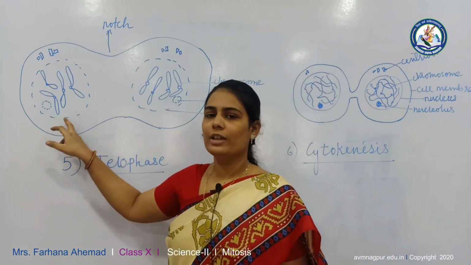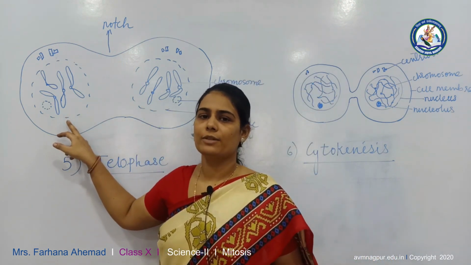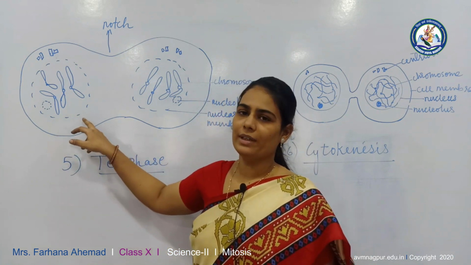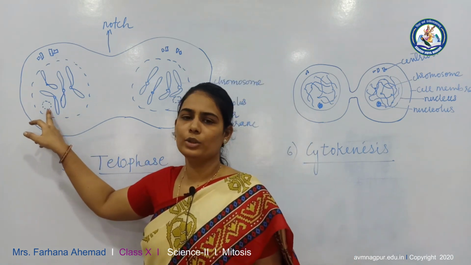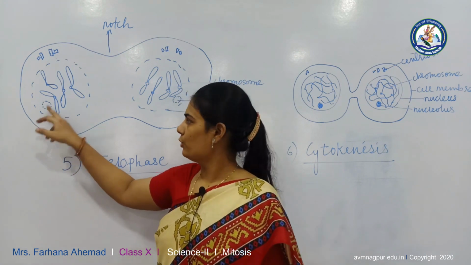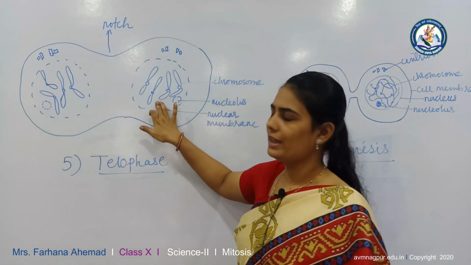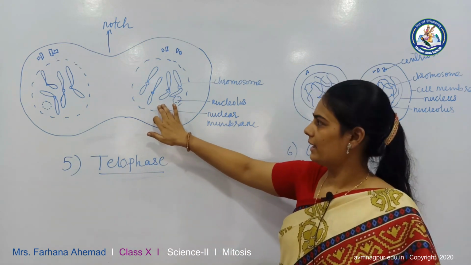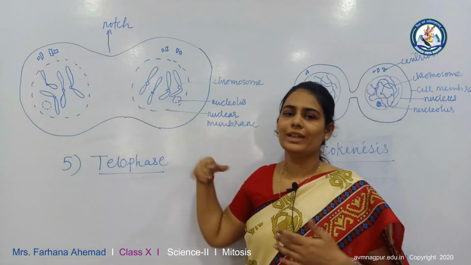Also the nuclear membrane which had completely disappeared in the previous stages is going to appear again. Also the nucleolus is going to appear again. Also the daughter chromosomes which were formed in the anaphase stage are now going to rehydrate.